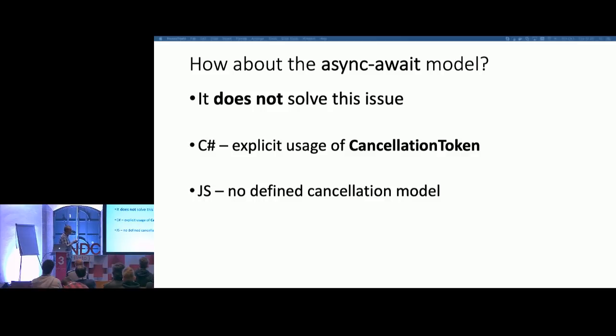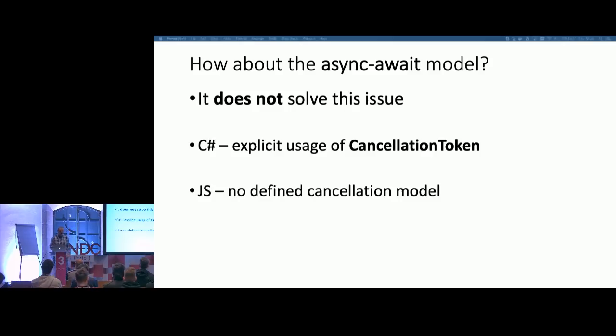Well, in C#, more or less it does, because in C# we have the concept of cancellation token that I can pass, and then I can observe, and if cancellation was requested, I can cancel my code. However, it's not a very clean solution, because I need to remember to always pass the cancellation token to everything that I call.